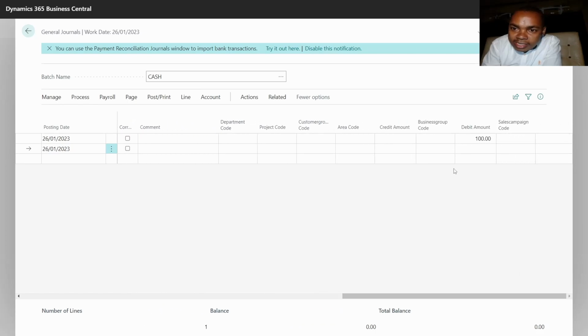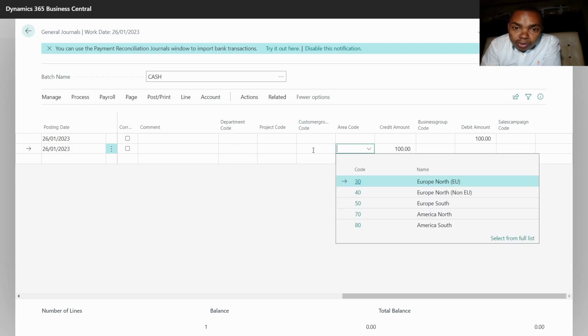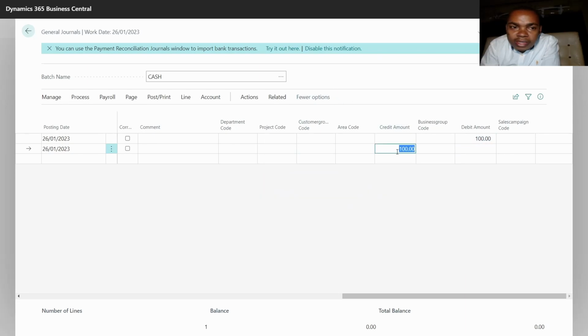Then you populate that amount in the credit column. In that way, you'll not be confused on which account you are supposed to debit and credit, because you are specific. Account A you are supposed to debit by this amount. Account B you are supposed to credit by this amount. So in that way, it's going to be easy.